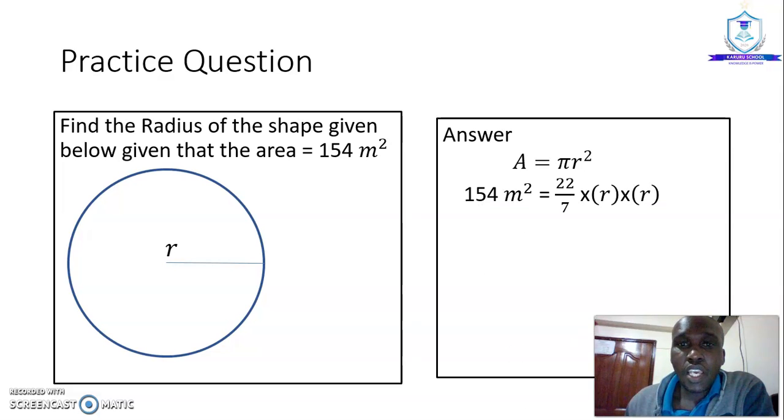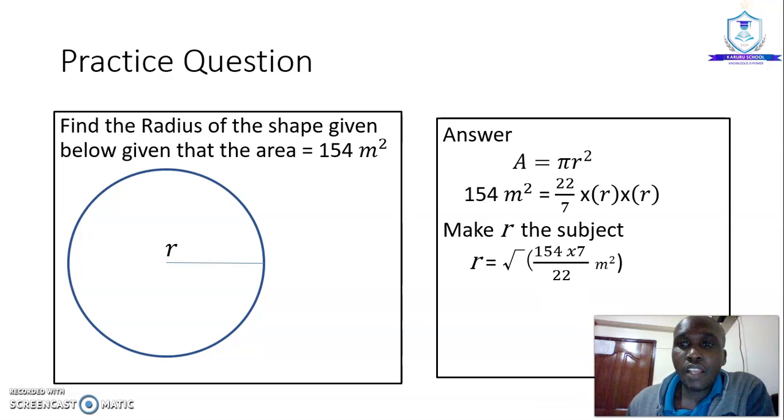We know the area of the circle as 154 meters squared, which is equivalent to 22/7 multiplied by r multiplied by r. But in this case, we do not know the value of r, so we'll need to make r the subject of the formula.